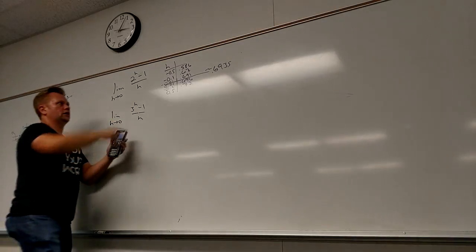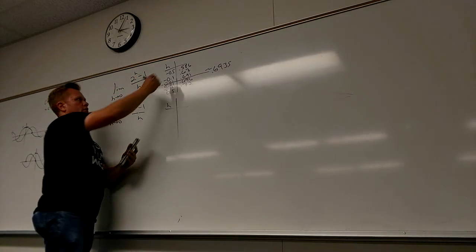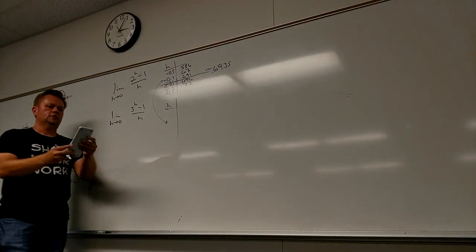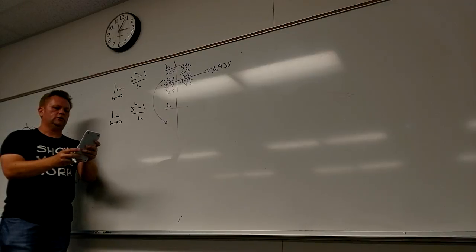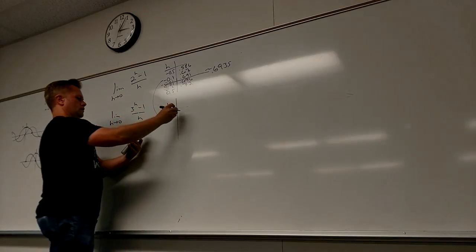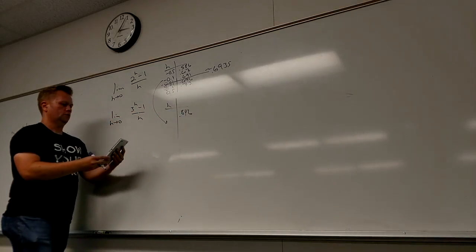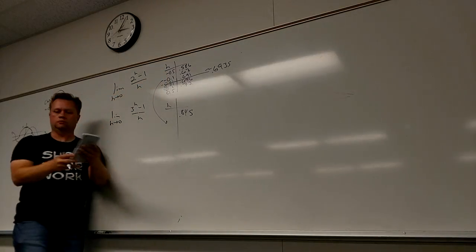If I did this one, I could do the exact same values again, right? Same exact values. Here I get 0.846 or 0.845. I'm using the same values. Is that cool?